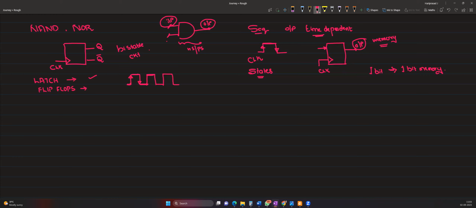You give some input, which we call D, data. This data will come into effect at the output only at the edges, not on the levels. That's why we call it edge triggered. If it is on the positive edge, we call it a positive edge triggered flip-flop. If it is at the negative edge, from high to low transition, we call it a negative edge triggered flip-flop.